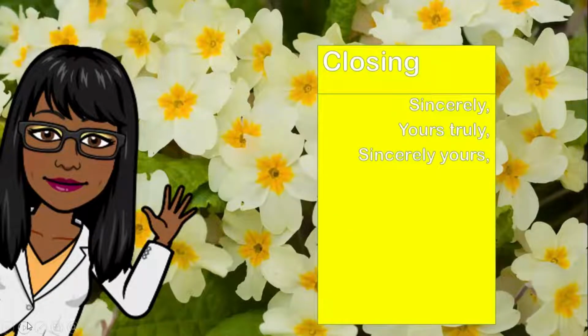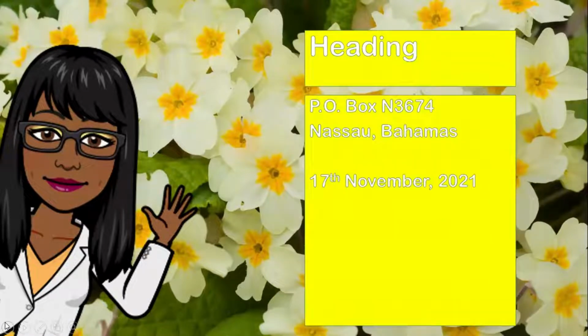Now, after you would have developed the body of your letter and you're making your final submission, you have to include your closing. Your closing should be aligned with your heading. So let's just go back to the heading. This is the heading.